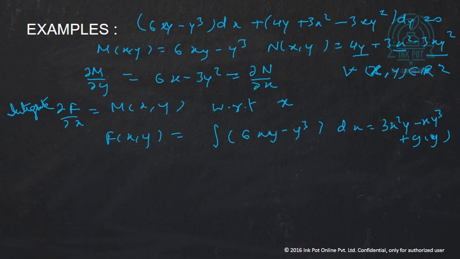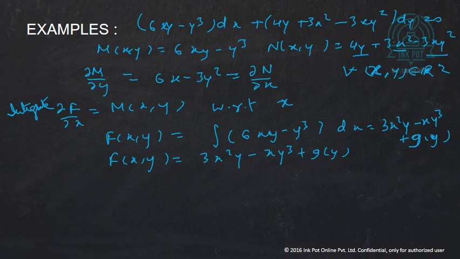So instead of a constant term, a function of y would be added, not only a constant, because we are integrating with respect to x. So we have got f(x,y) is equal to 3x squared y minus xy cubed plus g(y).